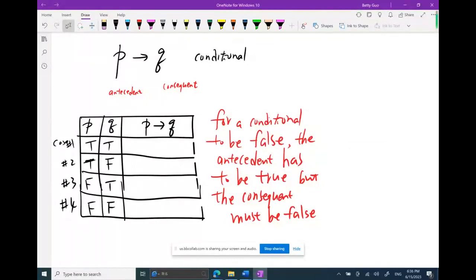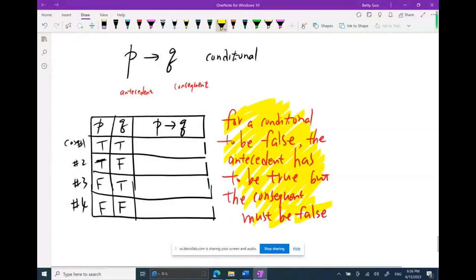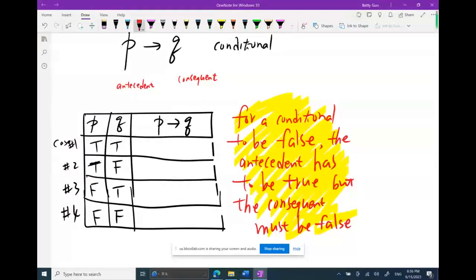And for the conditional, the sentence that you need to memorize is this sentence. P implies Q has an antecedent, P, and Q is the consequent.